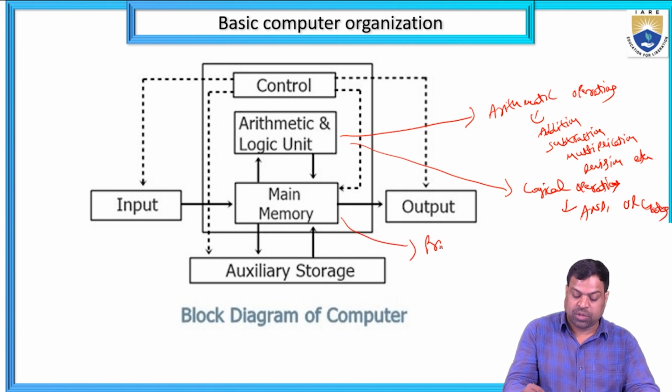Main memory is a primary memory. Auxiliary storage is a secondary memory.